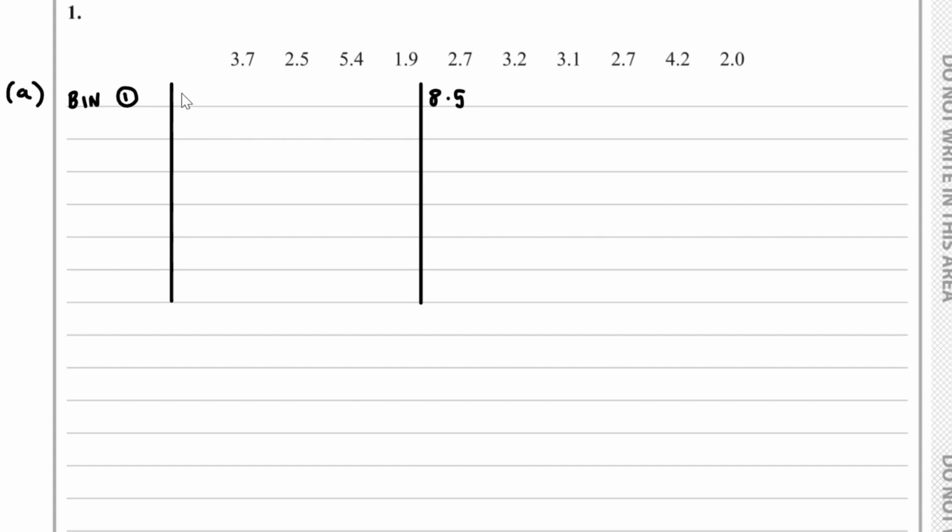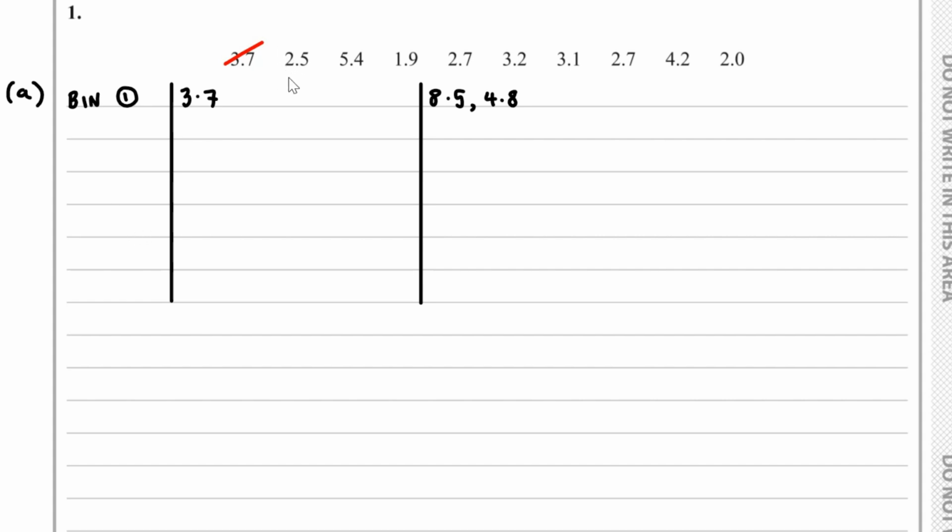So we write down the 3.7 here, and therefore the space remaining, 8.5 take away 3.7, is 4.8. So we have 4.8 over here. And let's mark this off.